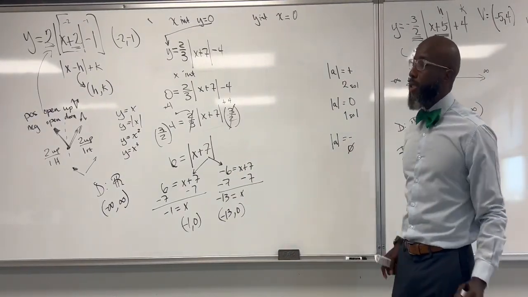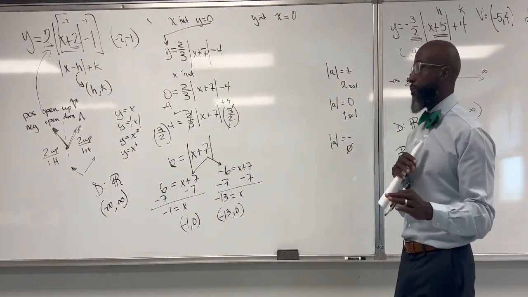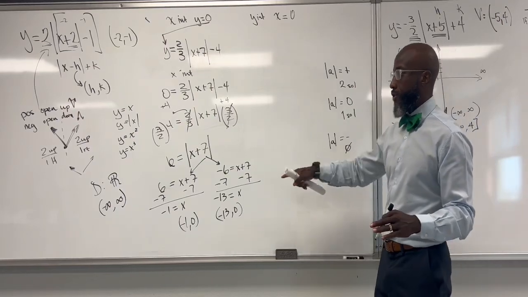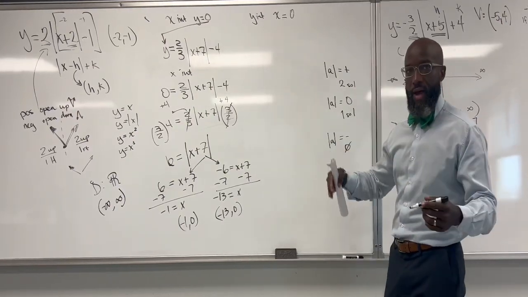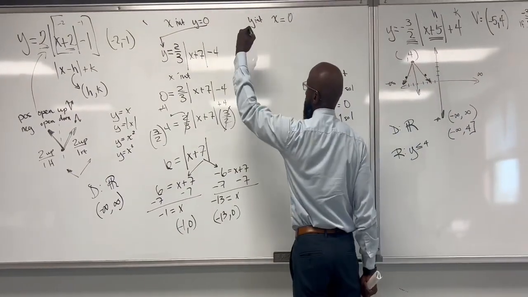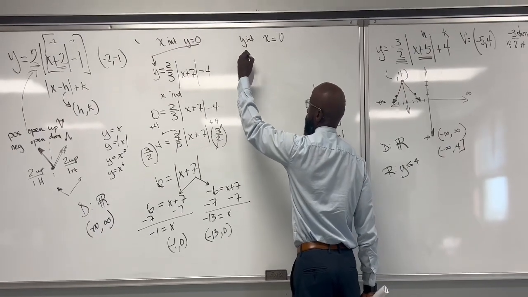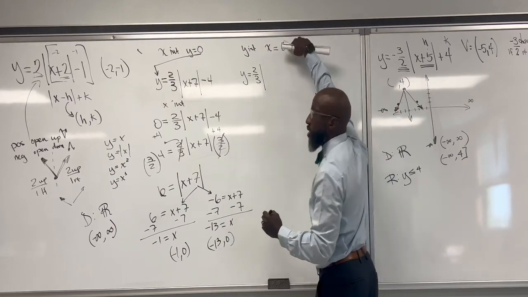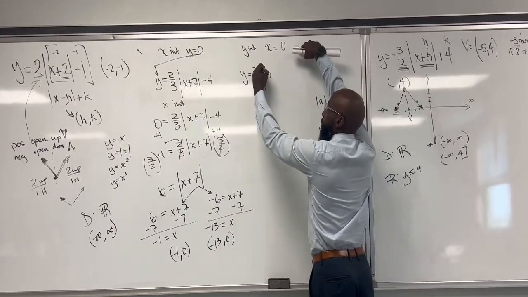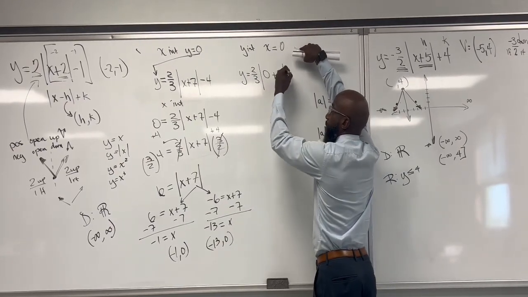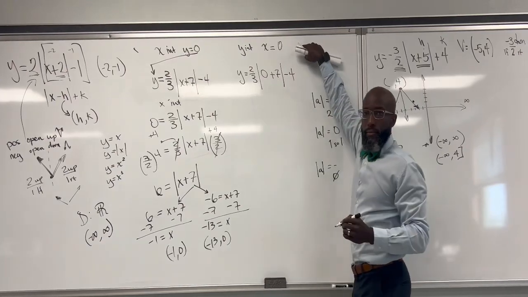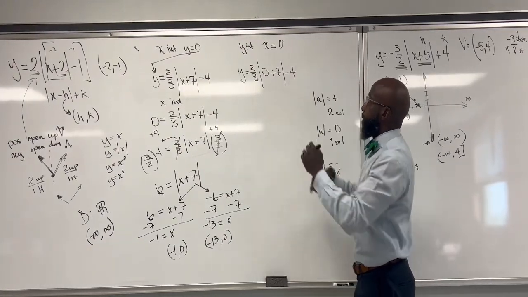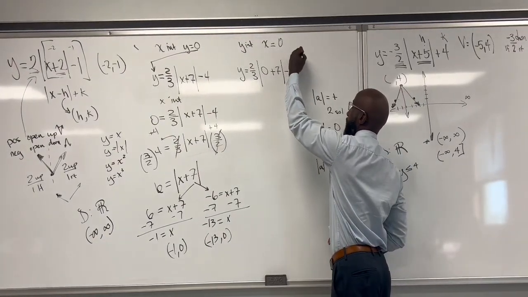Our y-intercept's a little smoother, right? Because we don't have to do solving. We just simplify. So for the y-intercept, again, we got y equals 2 over 3 times the absolute value of x, 0, plus 7 minus 4. In a problem like this, we just evaluate.